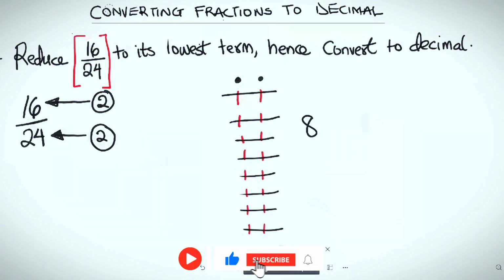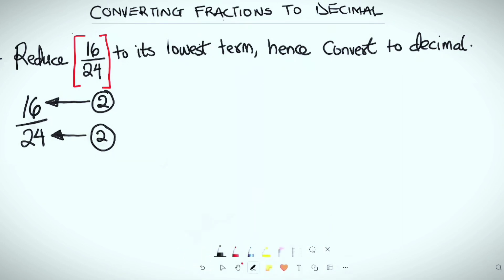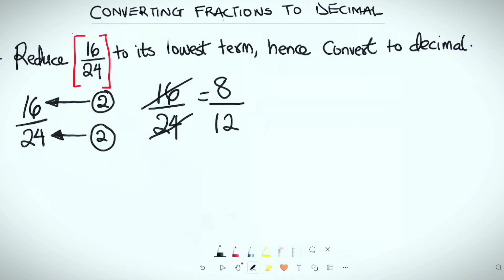So we have 16 and 24. 2 go into 16 gave us an 8. If you use the same method to use 2 to divide 24, you're going to get a 12. But this is not the lowest term.